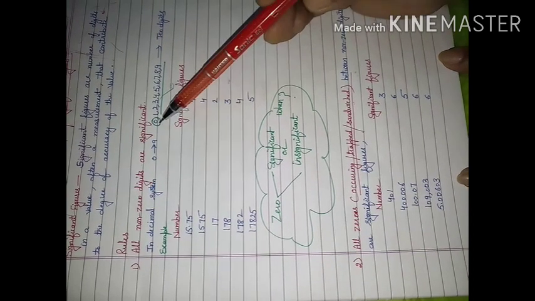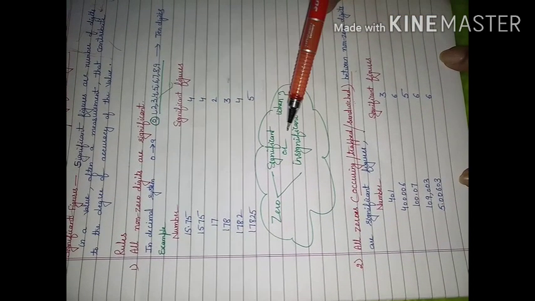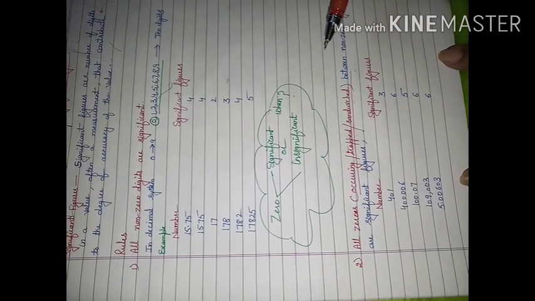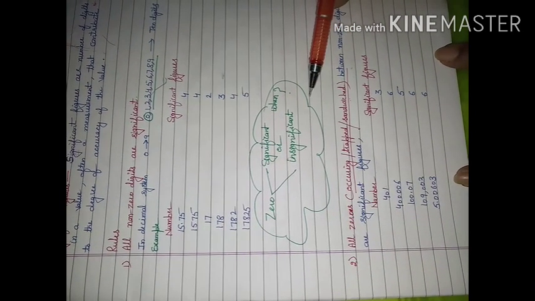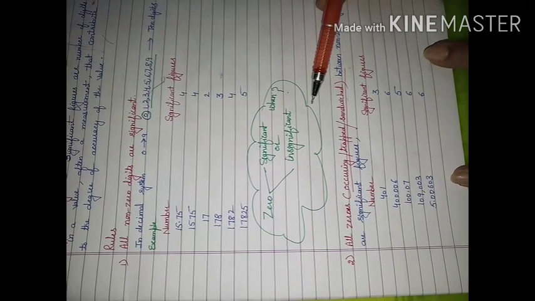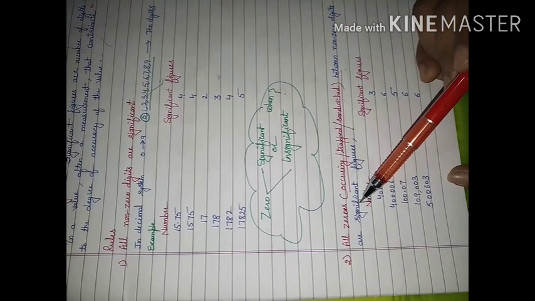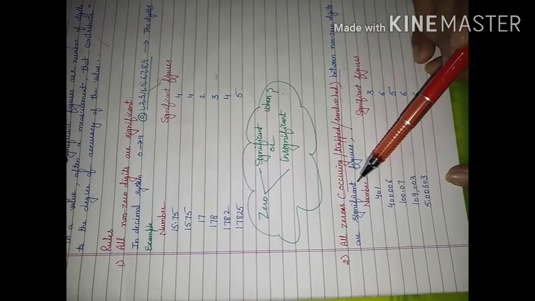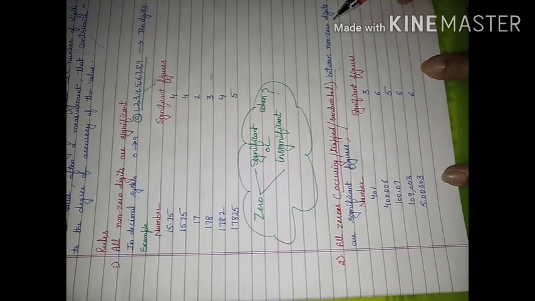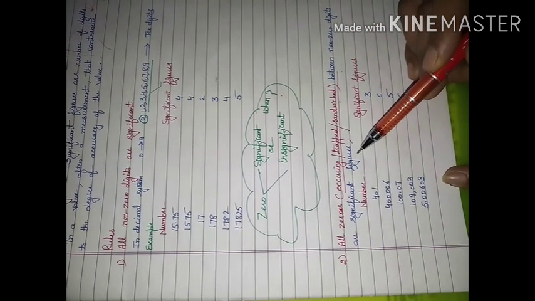Next is about 0, whether 0 is significant or not. If it is, in which case? If it is not, then what is that case? For this, the first rule I will consider here: all the zeros which are occurring between non-zero digits are significant figures.